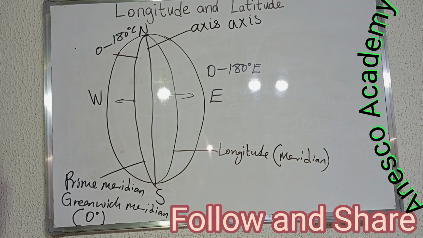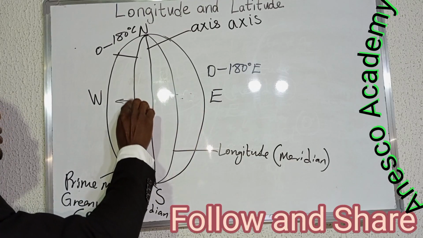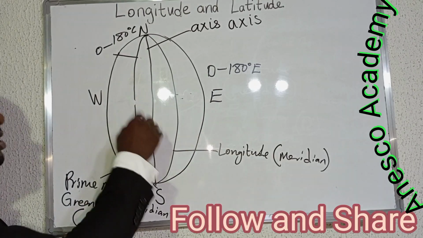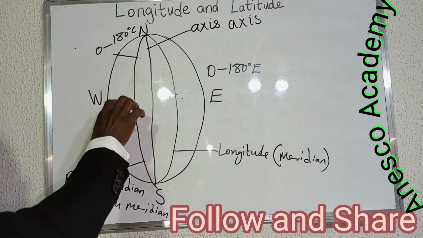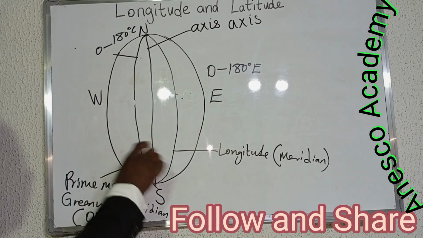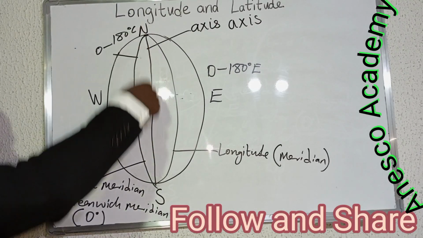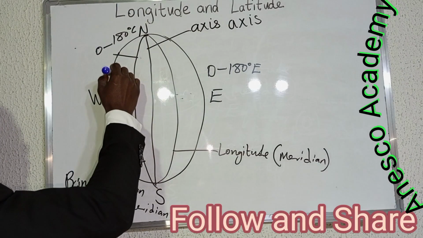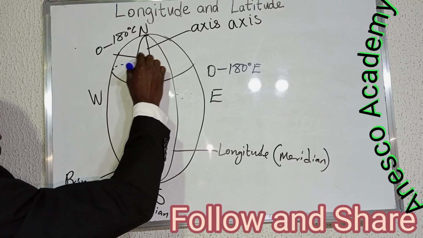longitude. Now latitude, like we've already said, is also an imaginary line. It is an imaginary circle drawn on the Earth's surface that has its center along this axis. For instance, this is an imaginary circle.